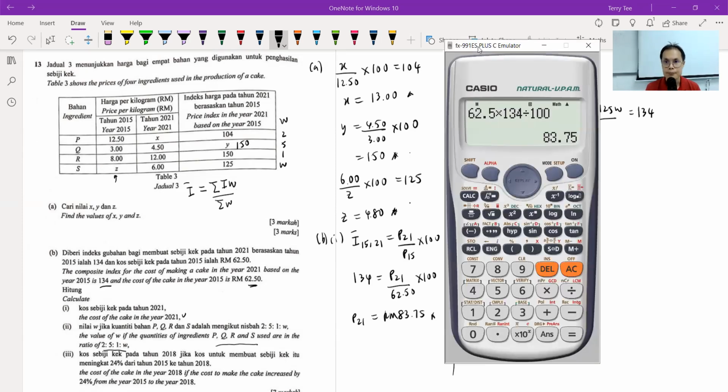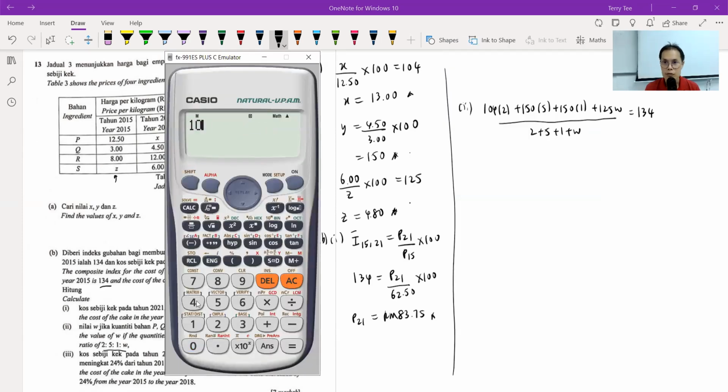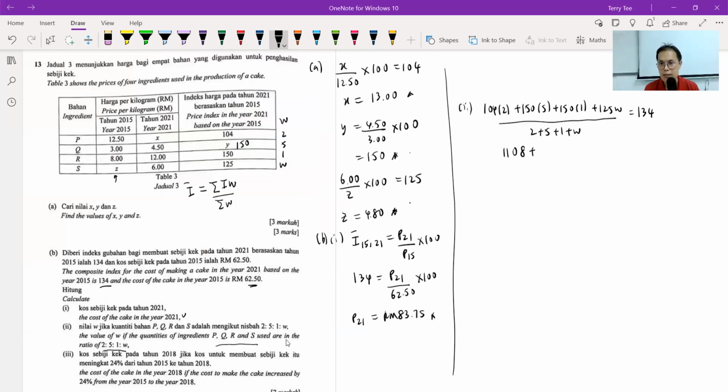This will be 104 times 2 plus 150 times 5 times 1. So I put times 6. And then this answer will be 1108. 1108 plus 125W. This is 8 plus W. Answer 134.